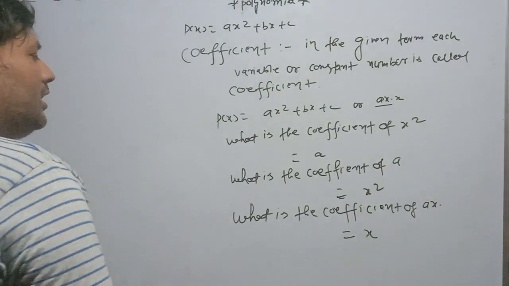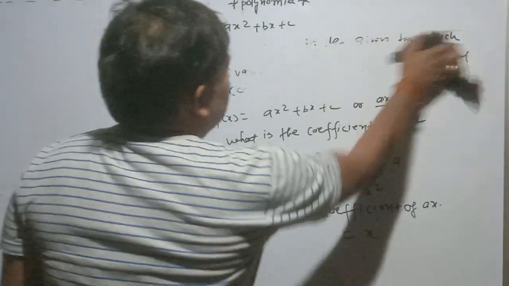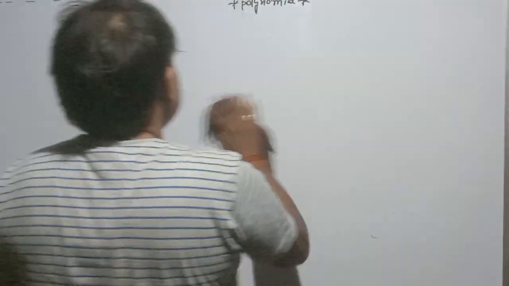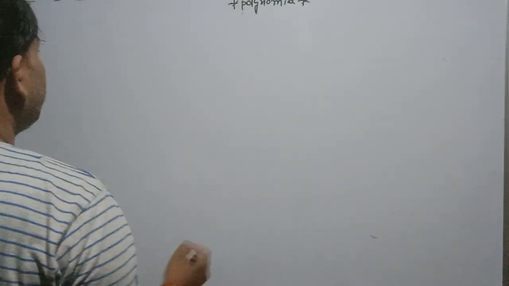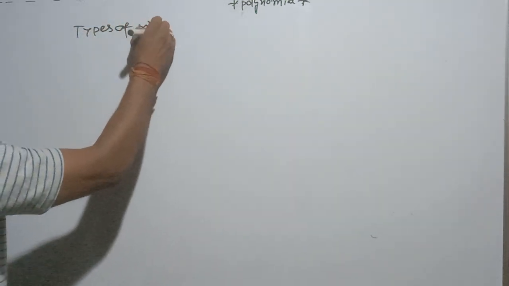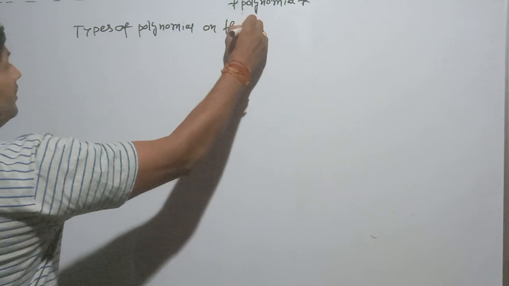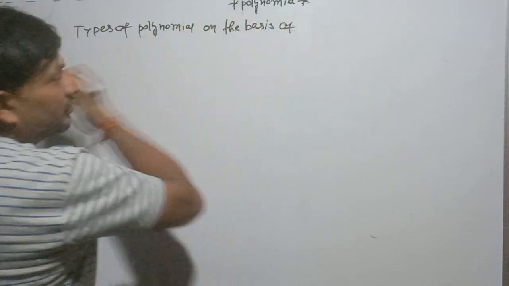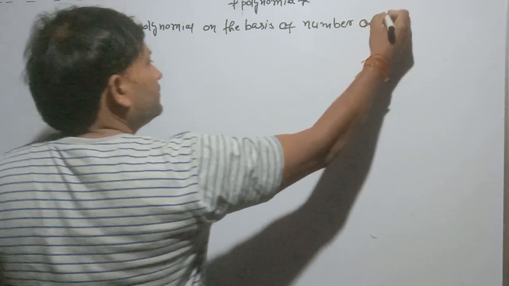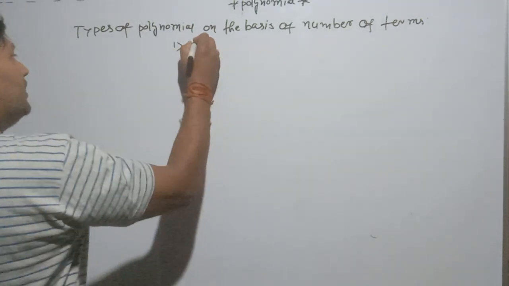Now I am going to explain the main topic, the types of polynomials on the basis of the number of terms. First, monomial.